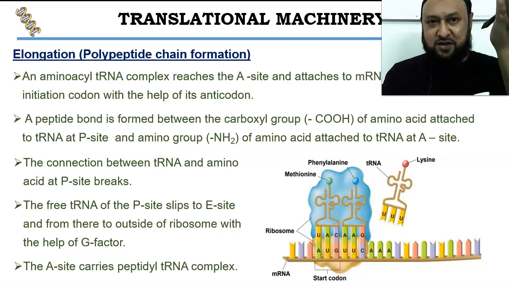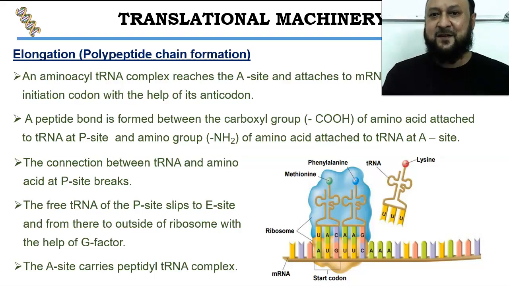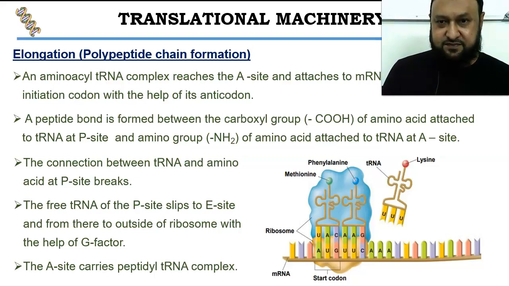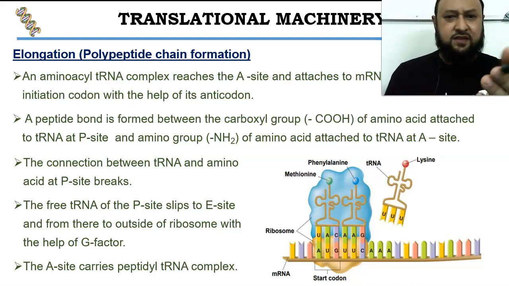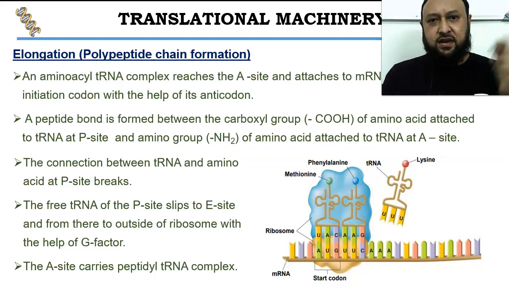A peptide bond is formed between the carboxyl group of the amino acid attached to the tRNA at the P site and the amino group of the amino acid attached to the tRNA at the A site. You can see in the picture very clearly that the A site is the region where the charged amino acid comes.